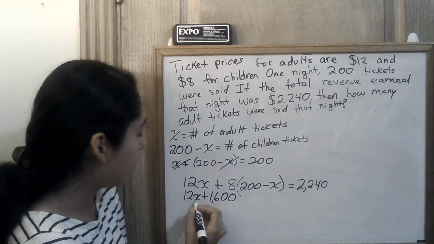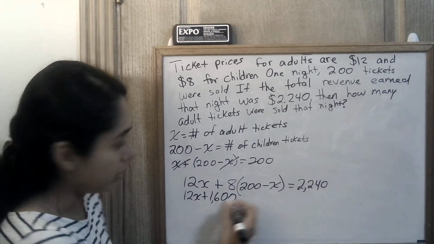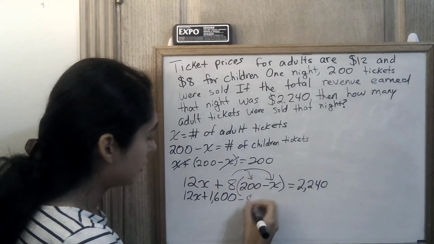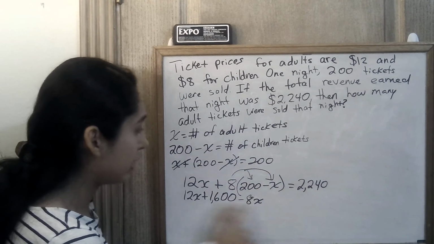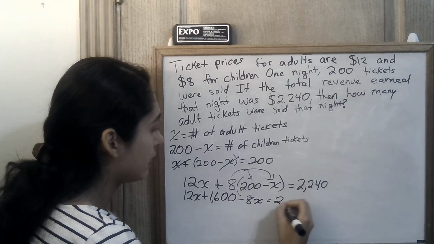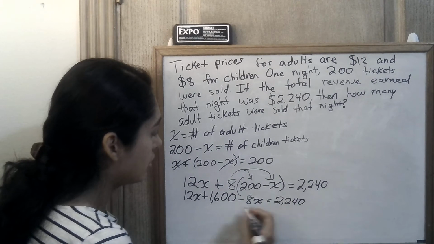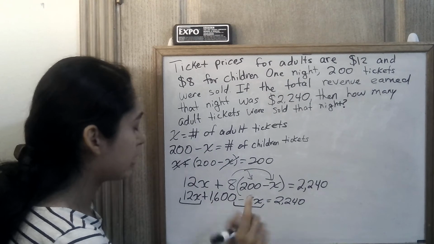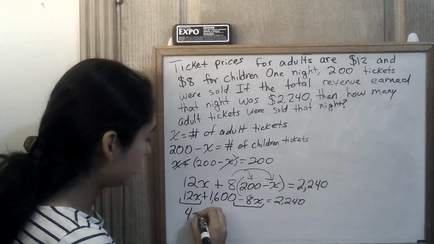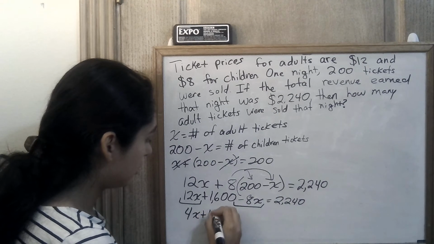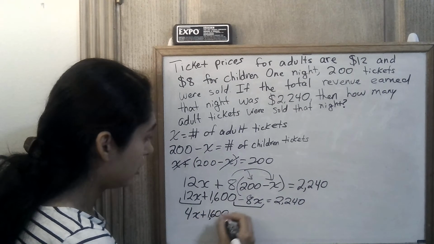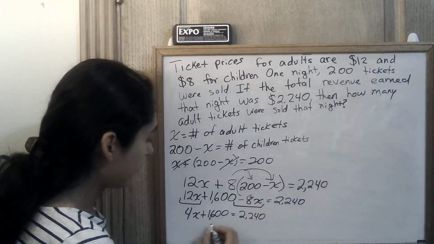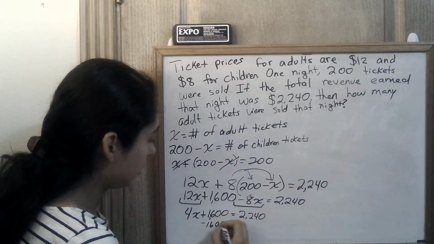So we have 12x plus 1600 minus 8x. Alright, now we got like terms. So this is a like term and this is a like term. 12 minus 8 is the same thing as 4x plus 1600 is equal to 2240. Okay, subtract 1600 on both sides.